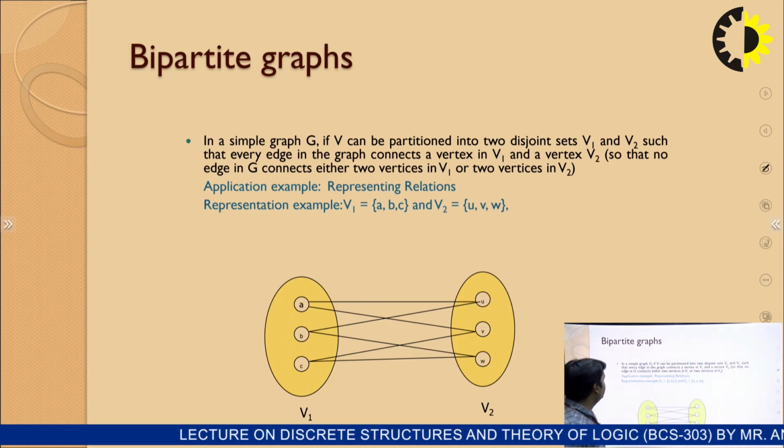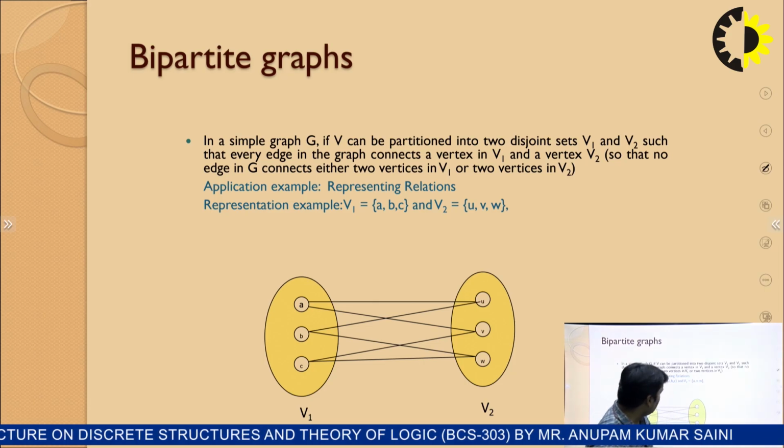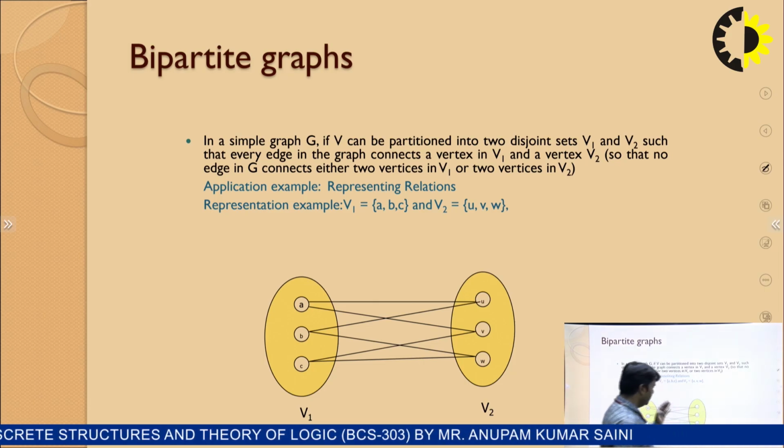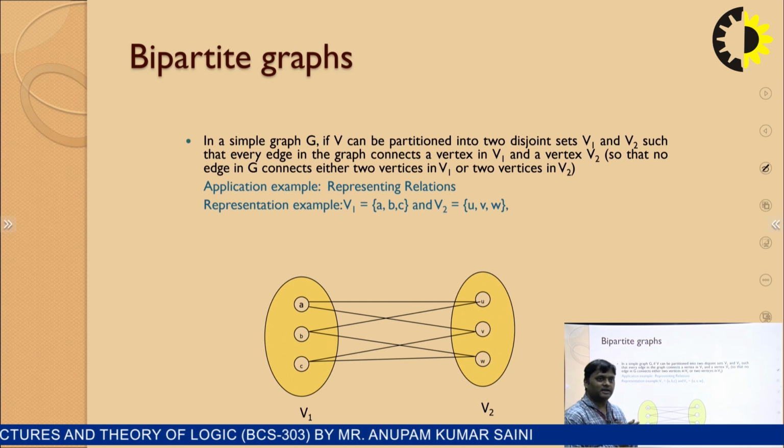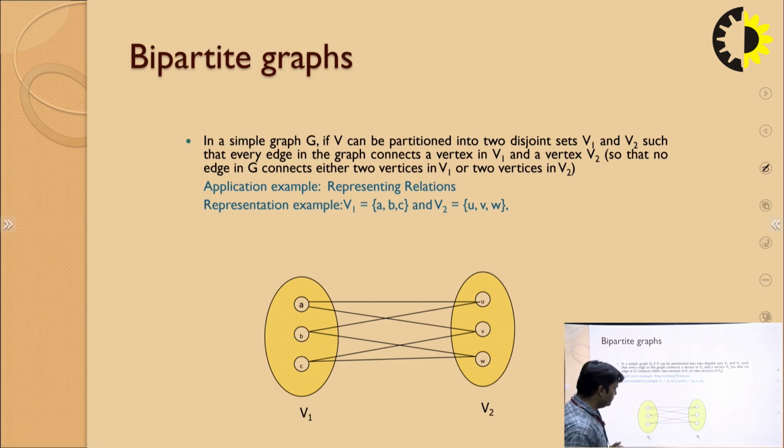In simple words, a bipartite graph is one in which the vertices are divided into two parts such that one end of an edge goes with V1 and the other end goes with V2.